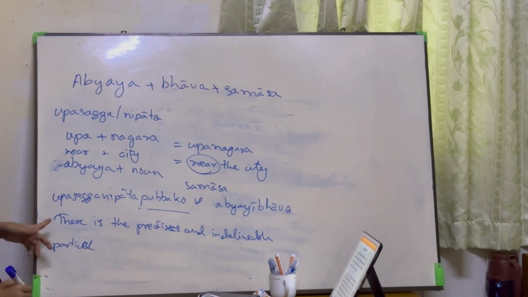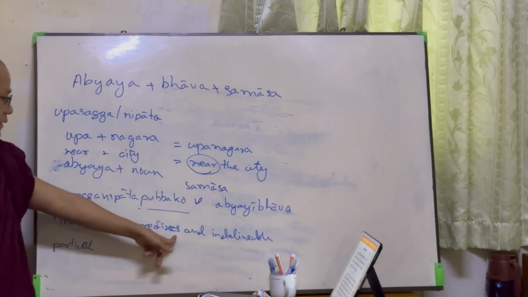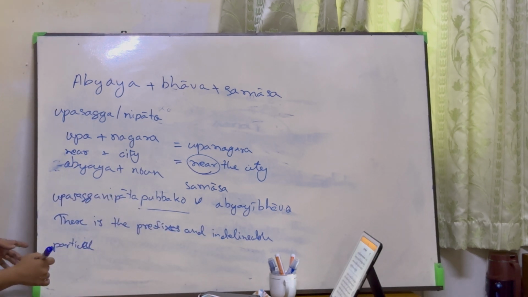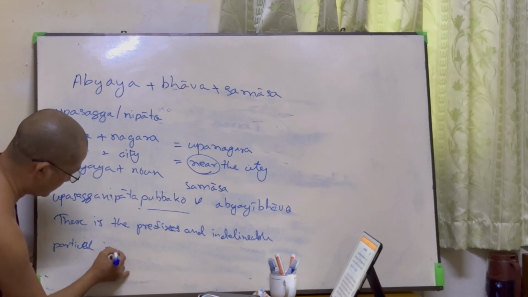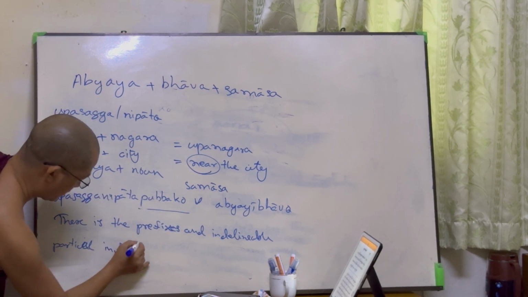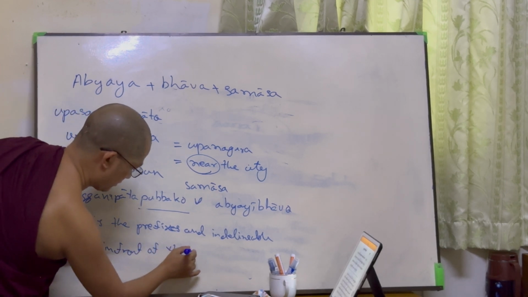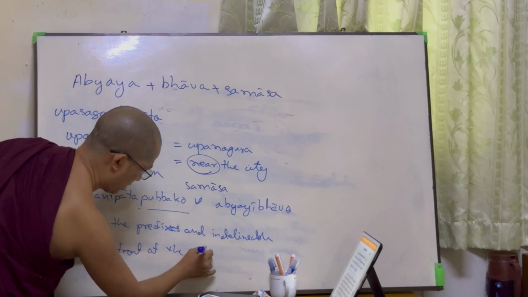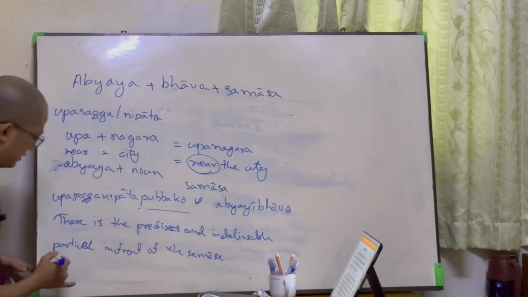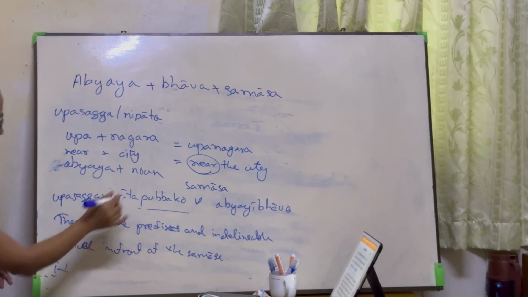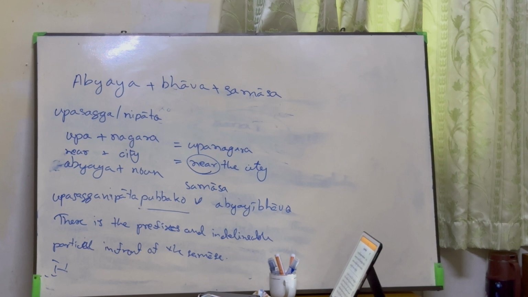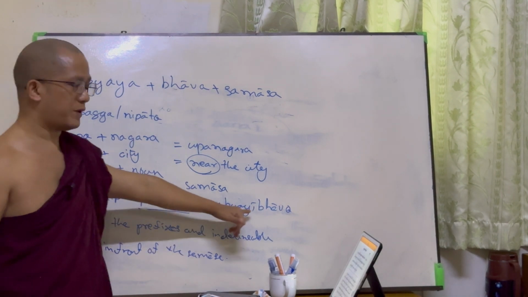There is a prefix and indeclinable particle in front of the Samāsa. It is called Abhyayibhava Samāsa. Upasaka Nipada Bubuko Abhyayibhava.